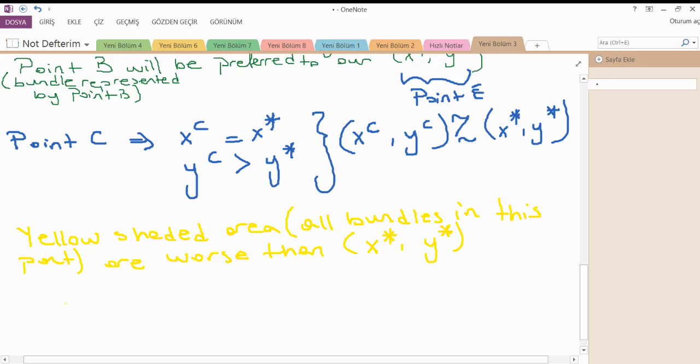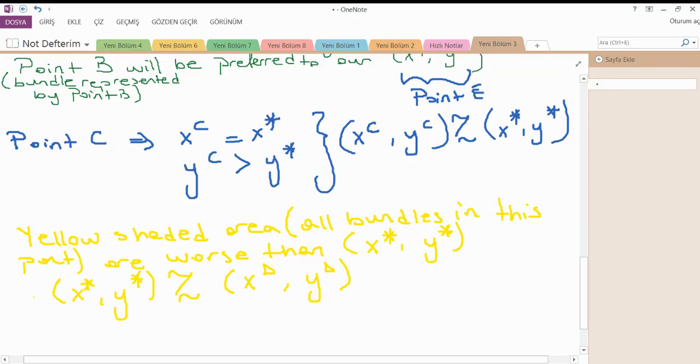We can write this as a preference relationship. Our X star Y star will be preferred, at least as good as, or it will be preferred to XD, YD on the graph, okay?